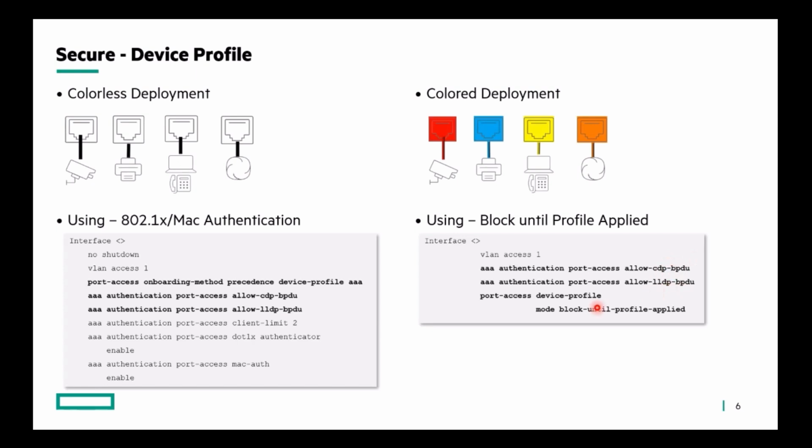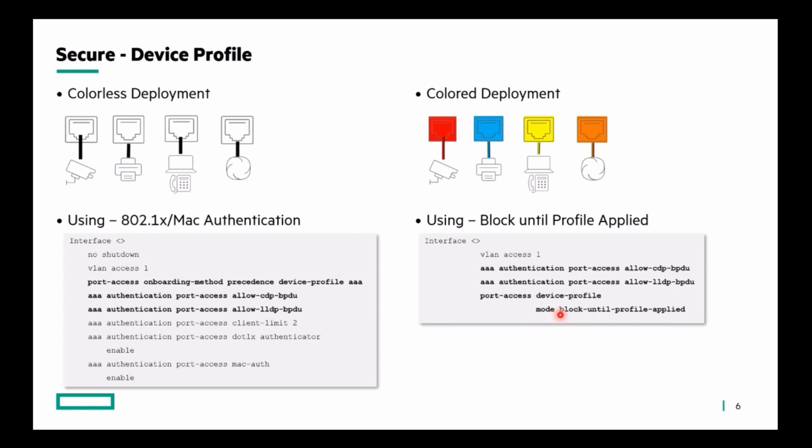And next, the security is controlled mainly with this CLI in the case of device profile. It is under the device profile context, where we call it port access device profile and mode as block until profile applied. That means when device profile is enabled on the switch, by default, all the ports will be in an unblocked state.